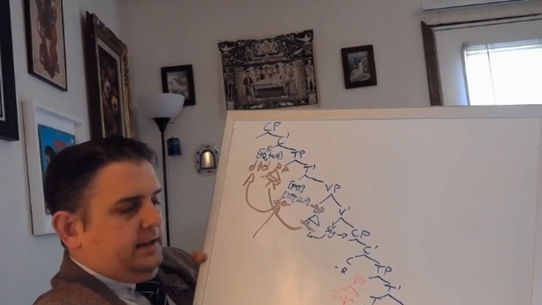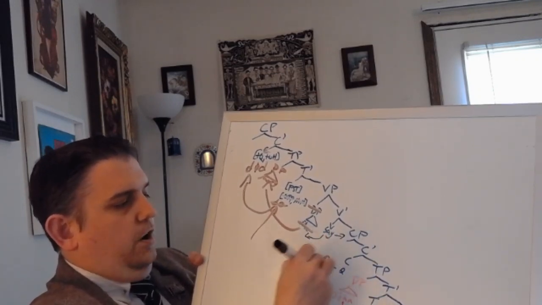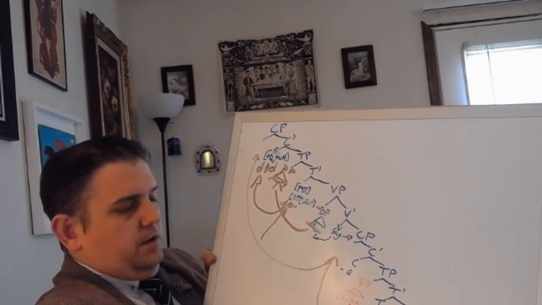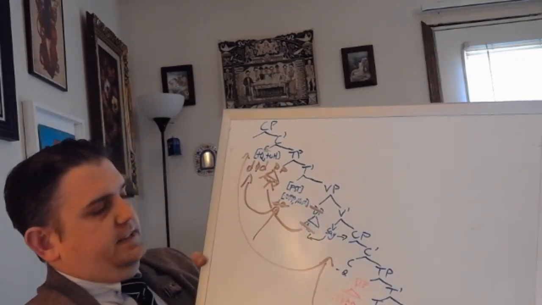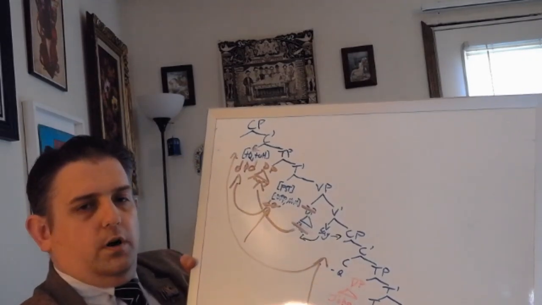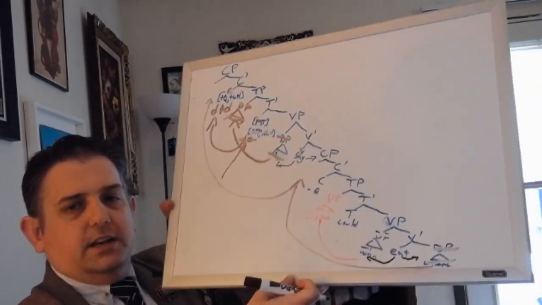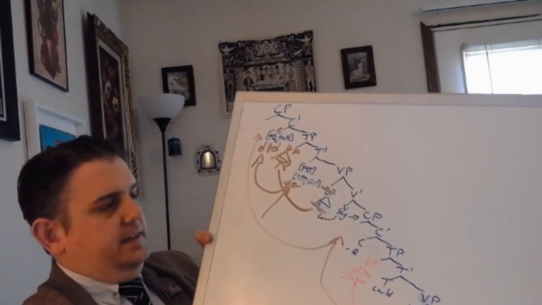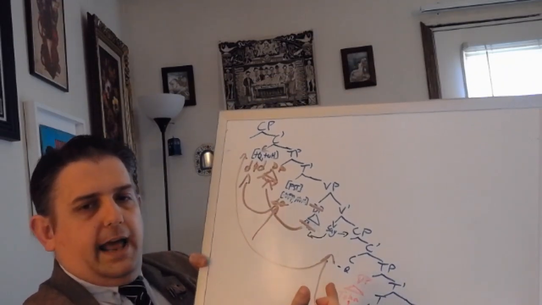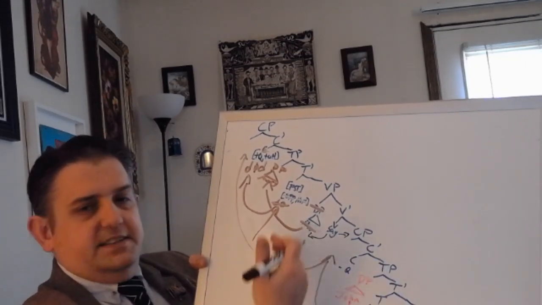So what seems to be required is that it has to stop off on the way up here. And we're going to call this either cyclic movement or minimality or something along these lines. But basically the idea is that movement must occur at the most minimal distance it can.